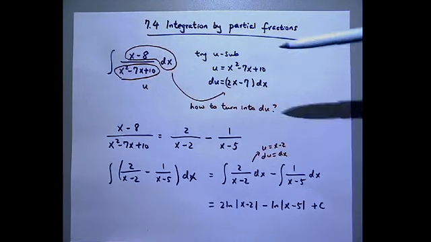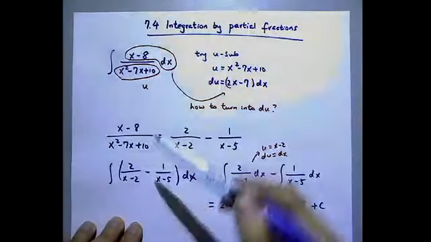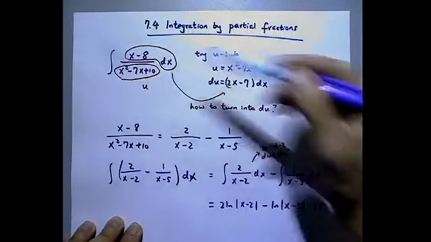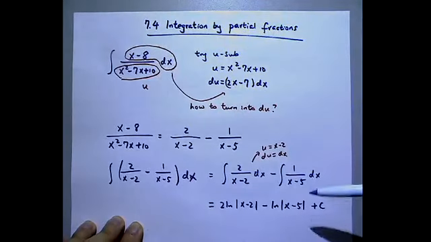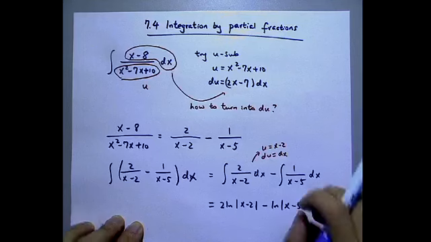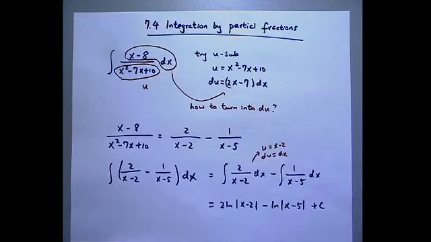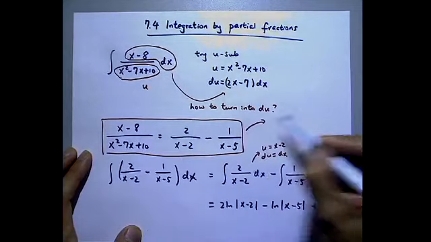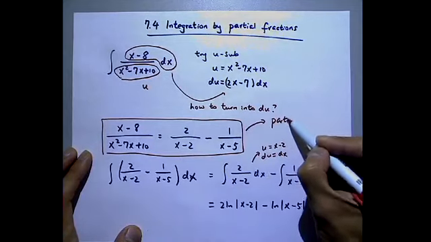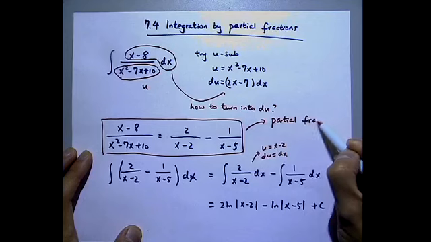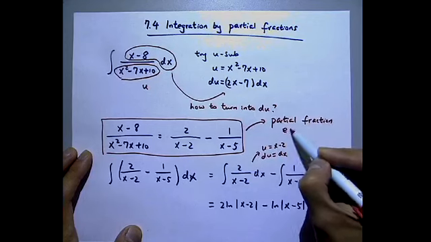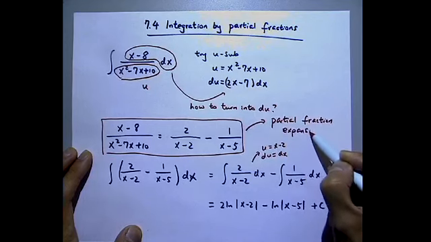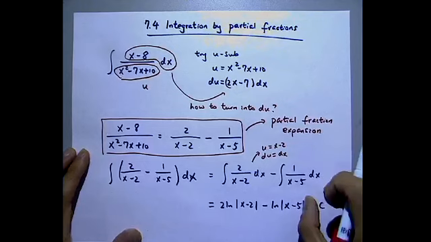Okay, so anyway, as you can see, if we could break down this complicated expression into two simpler ones, then we could integrate them easily. This step right here, this is called a partial fraction expansion.